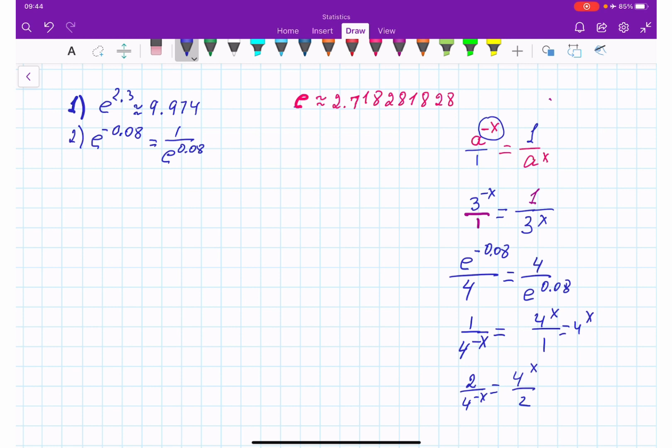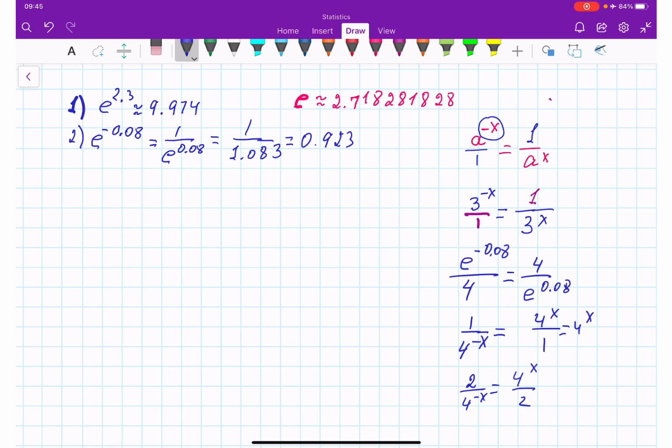Since it asks to round to 3 digits, I'm getting 1 over 1.083. So I am dividing 1 by 1.083, and that gives me 0.923. All right, we are good.